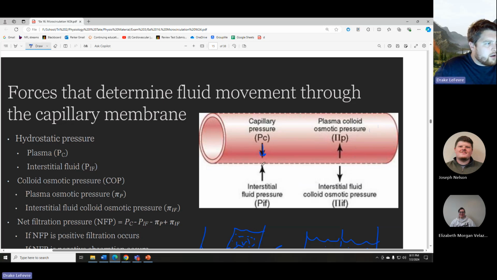If this is that blue arrow right here, this is happening at every single point along the vessel, right? Just depending on what part of the vessel we're looking at, whether this is the arterial side or the venous side, is going to determine which one is bigger. Like, are we pushing more fluid out or are we pulling more fluid in?